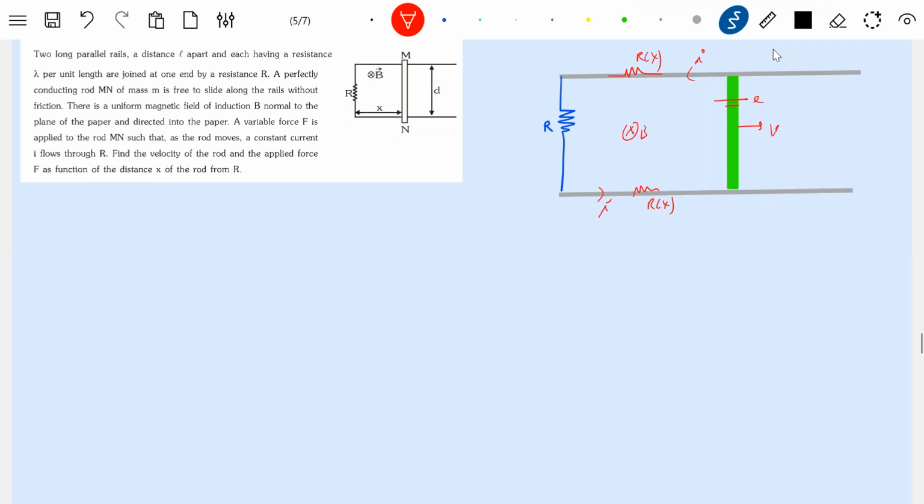I think by this time everyone is aware of all these conditions. So for this I should apply an external force. Let's get into first what is the I. I is equal to E by R plus 2λx.